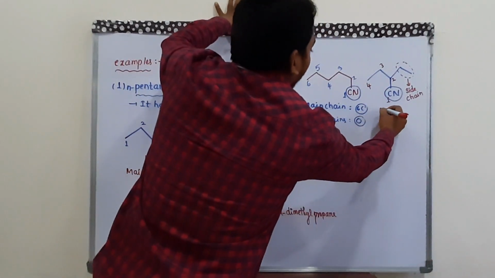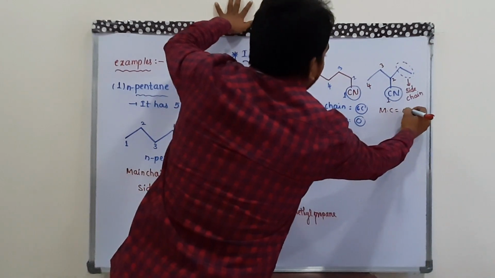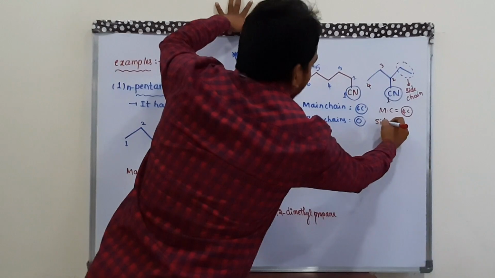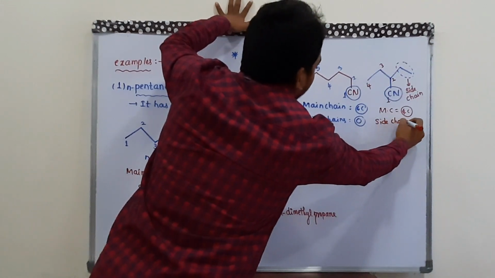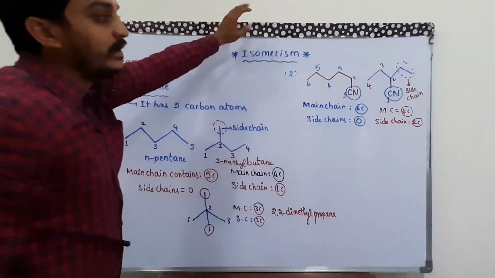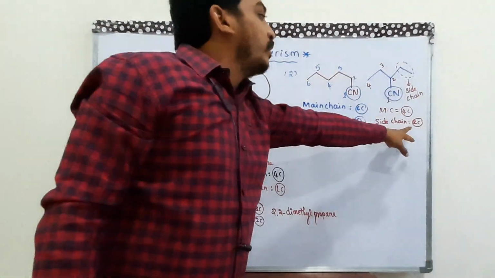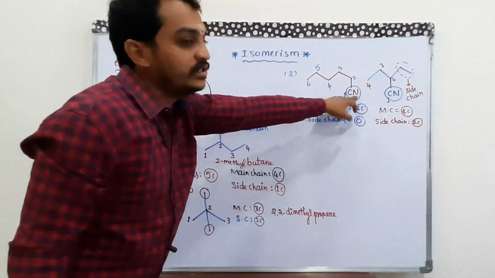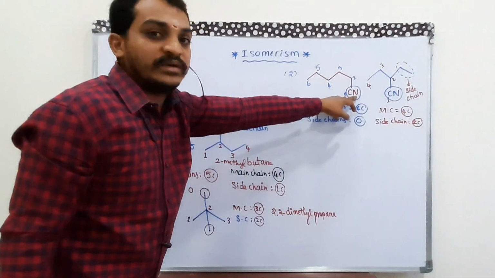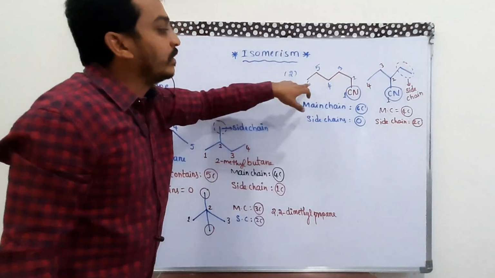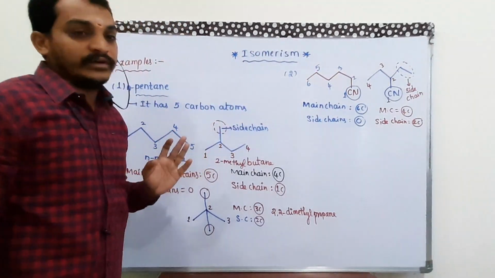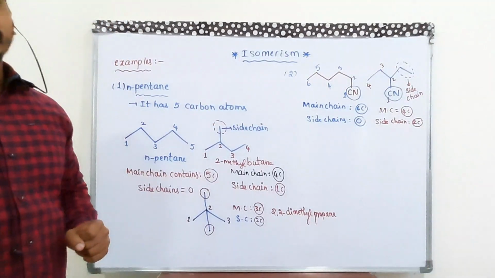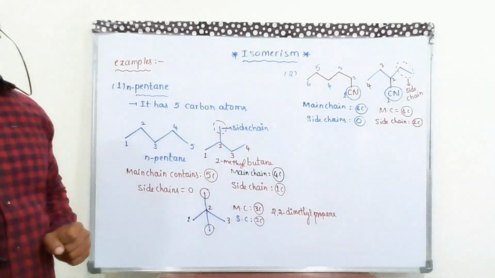How many side chains? Only one side chain, containing 2 carbon atoms; the ethyl group is the side chain. According to the essential conditions, there is no change in the functional group, but the main chain and the side chains are different. Because of that, these two belong to chain isomers.